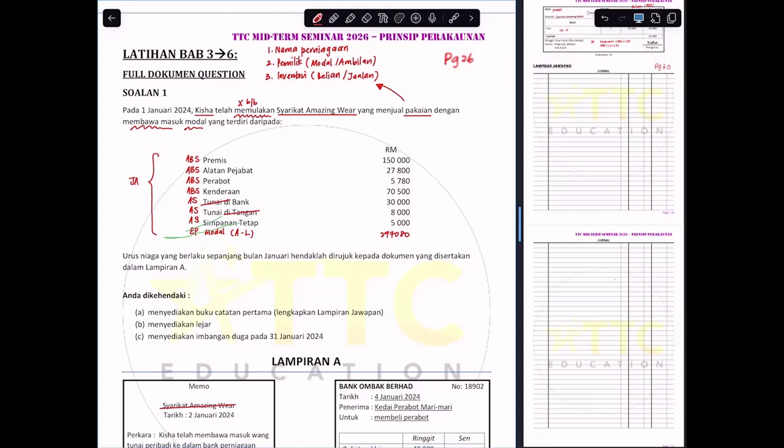Original place or opposite side? Original. So all the assets, keep in debit. EP, keep in credit.